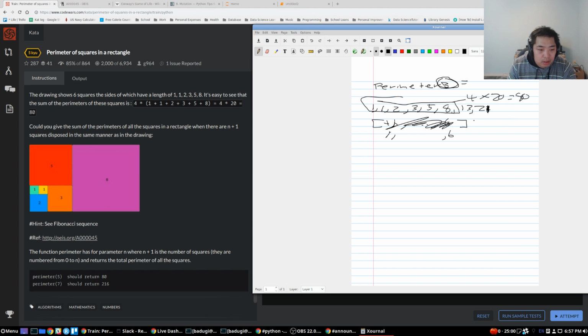Okay, I get it. But if perimeter is 7, let's see here. You would actually have 8 values because the index starts with a 0. But you would actually have 8 values, let's say if it was in a list. So 1, 1, 2, 3, 5, 8, 13, 21.